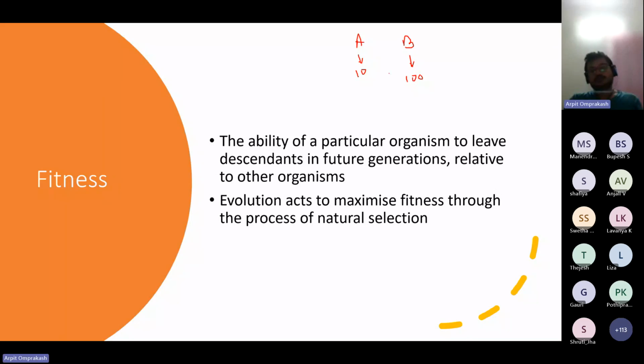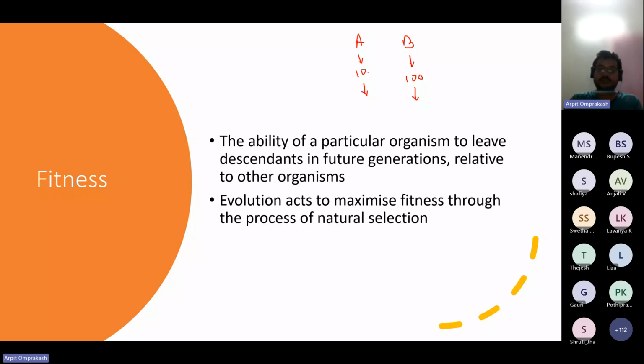Okay, so in this case, the fitness of B is more than the fitness of A because B can produce more offsprings, or leave more descendants for its future generation, compared to A, which can only produce 10, whereas B can produce 100.